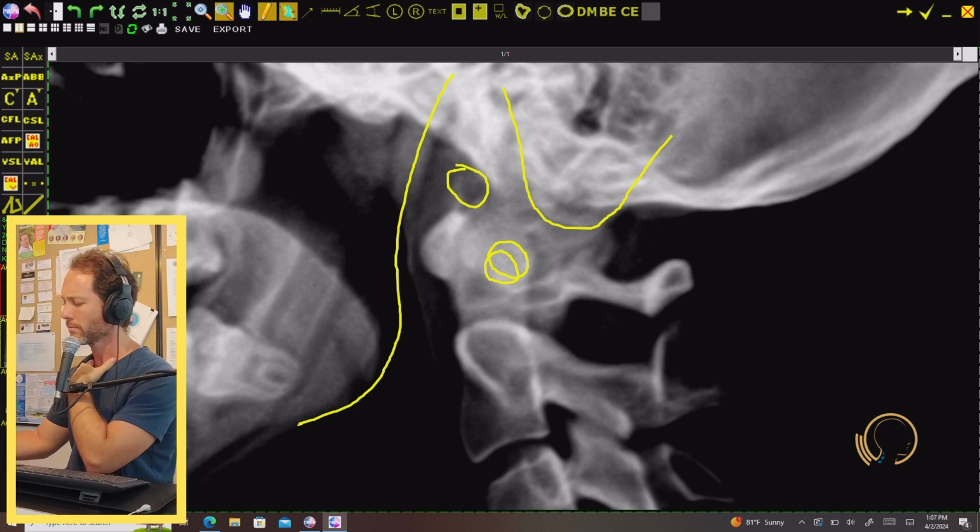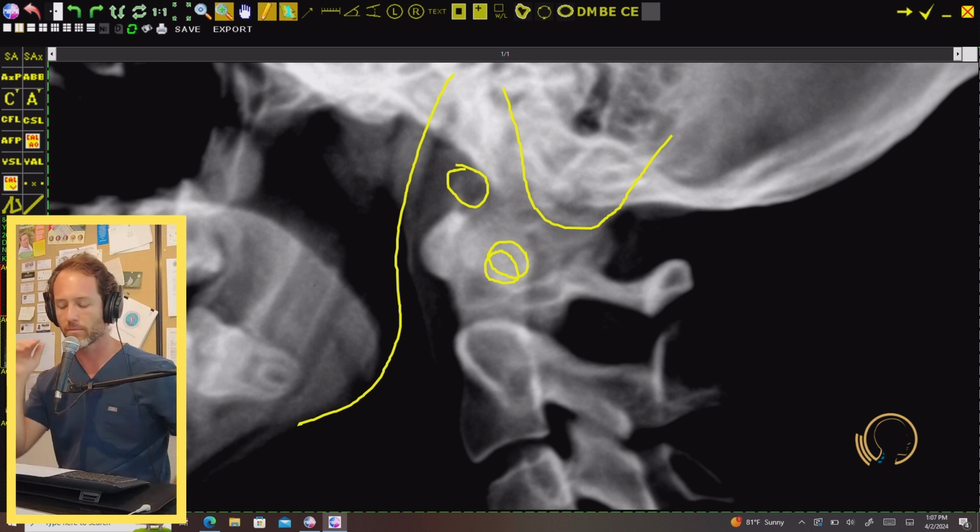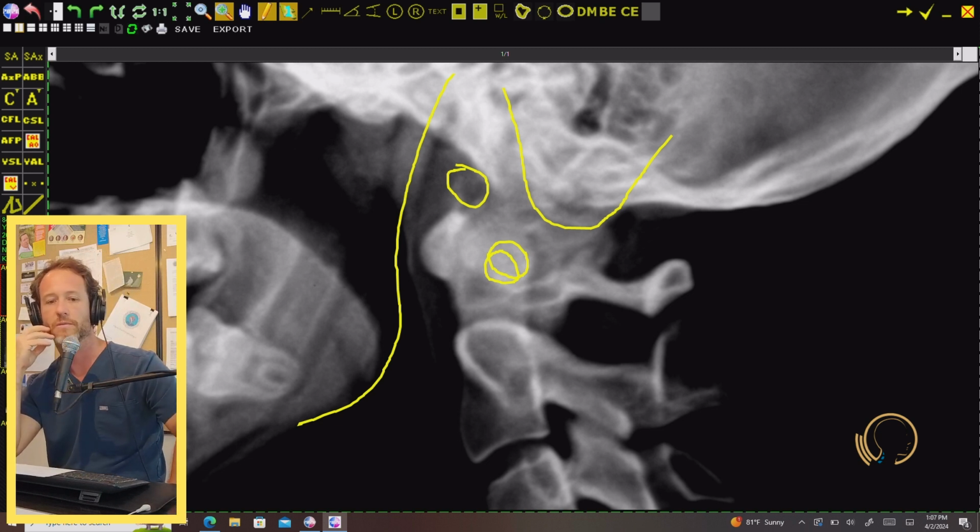So, I really loved this quote. I'm going to read a quote here from one of my binders from the seminars back in the day. I thought it captured why this is important. The transverse process on the side of laterality must be identified, marked, and recorded.